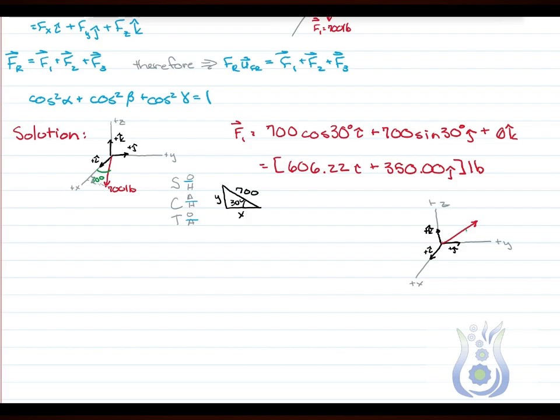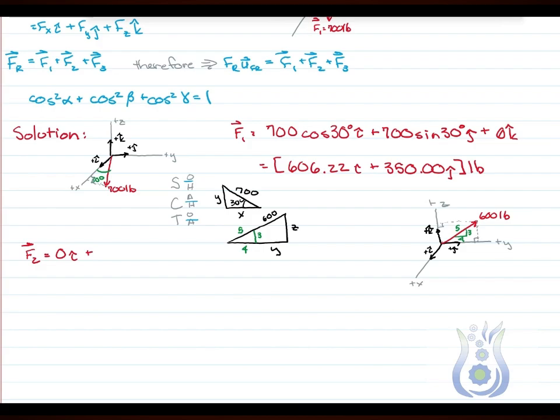In this force, we're going to apply the similar triangles notation, which is that the ratio between the vertical and the hypotenuse of the smaller triangle is the same as the ratio of the vertical and the hypotenuse on the larger triangle, which is made with the vector F2 and the y axis. Similarly, the relationship between the horizontal component of the smaller triangle and the hypotenuse is equal to the horizontal of the larger triangle and the hypotenuse.